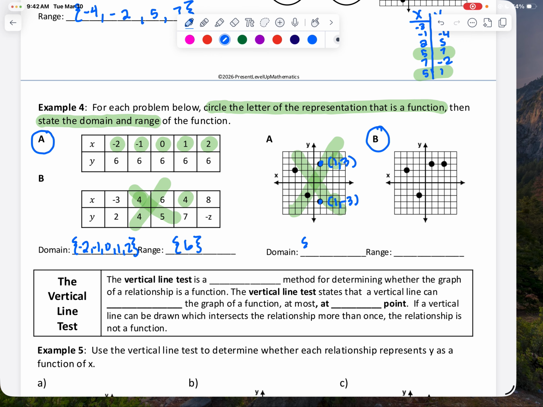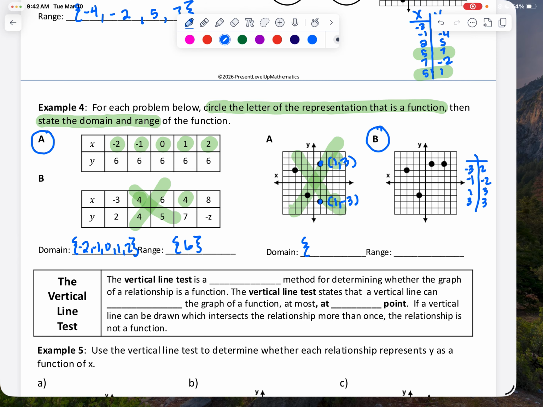So for the domain of this graph, let me just label these points. Let's just rewrite this as a table here.